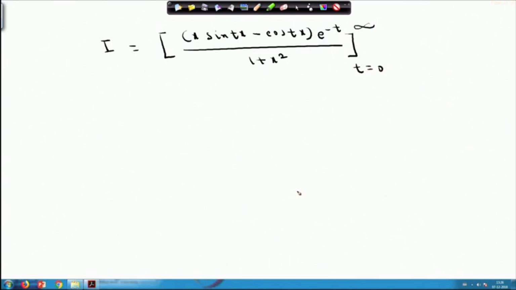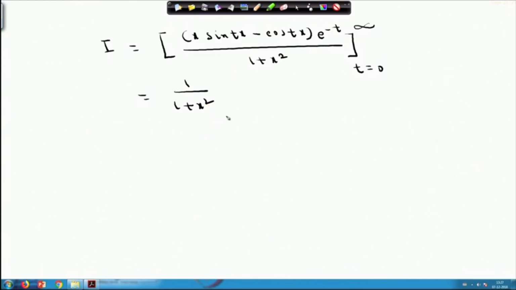So once t is 0, it will be 1, and for infinity it will become 0. So the value you will obtain is nothing but 1 by 1 plus x square. For 0, the sin term will vanish, the cos term will be 1, and minus was there, so it will be plus. So I equals 1 by 1 plus x square.